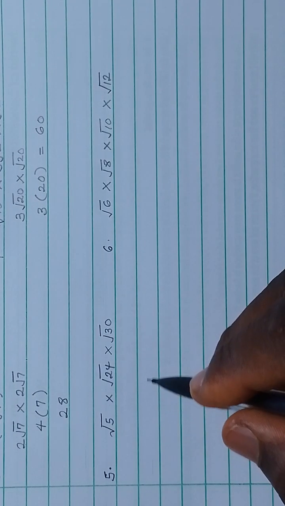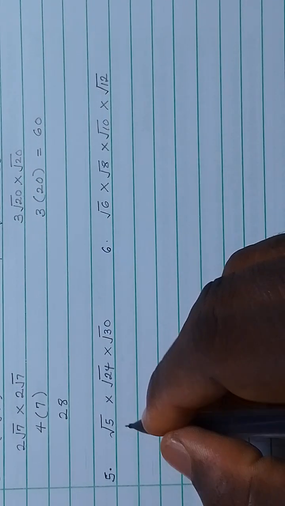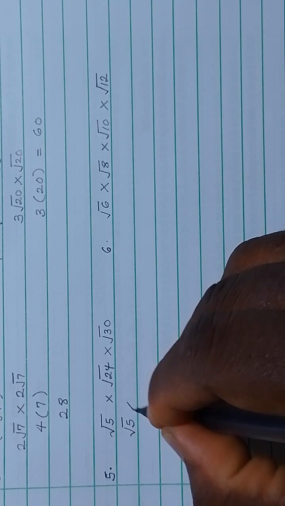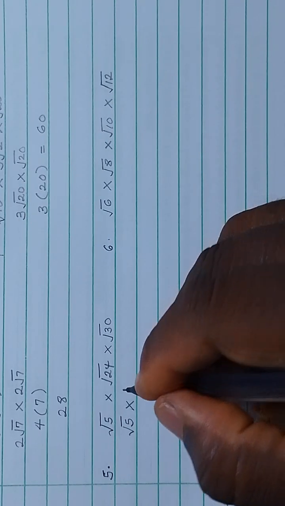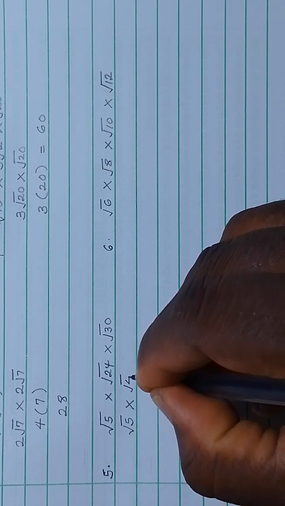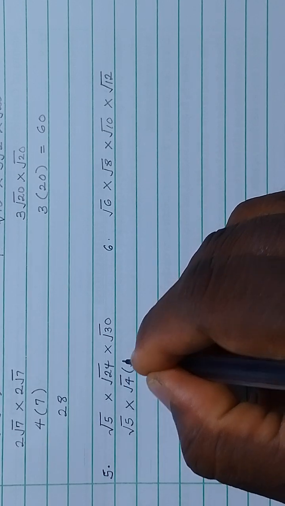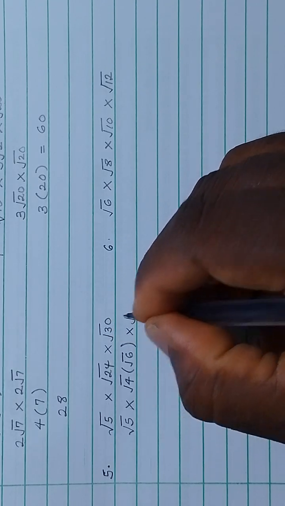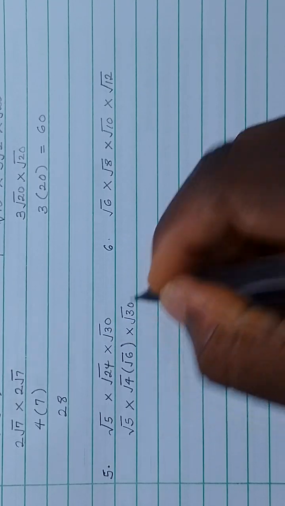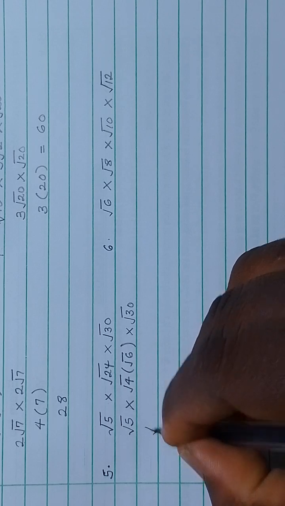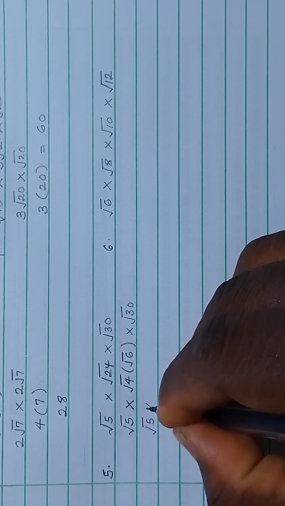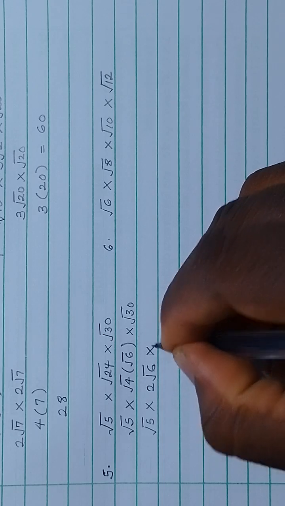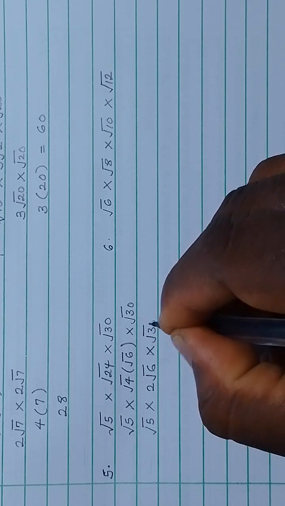For number 5, root 5 cannot be simplified, but root 24 can be simplified to be root 4 multiplied by root 6. Then we have root 30. Now, root 5 multiplied by 2 root 6, then multiplied by another root 30, that is this.